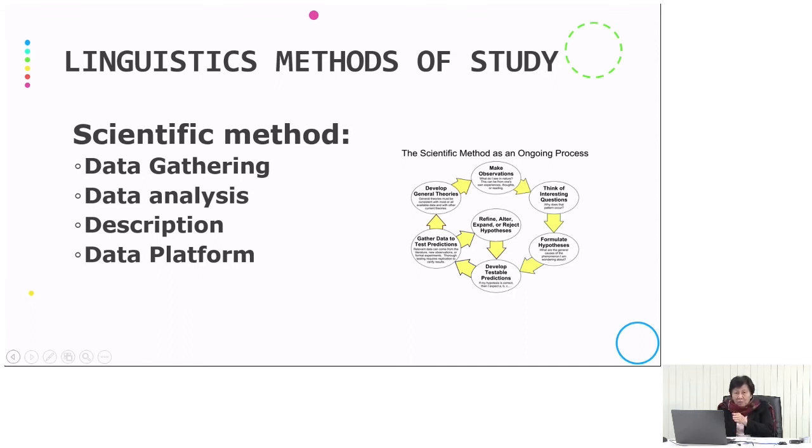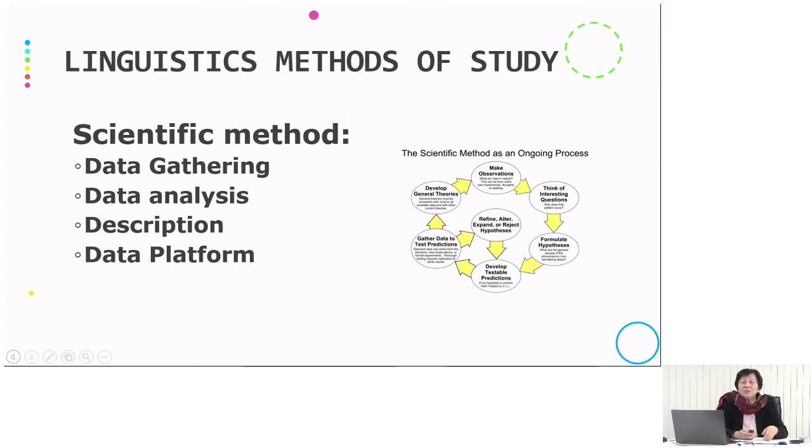That is the platform. But if you would like to study many languages at the same time, you are going to end up with a data platform of languages: a platform for language 1, platform for language 2, platform for language 3, something like that.